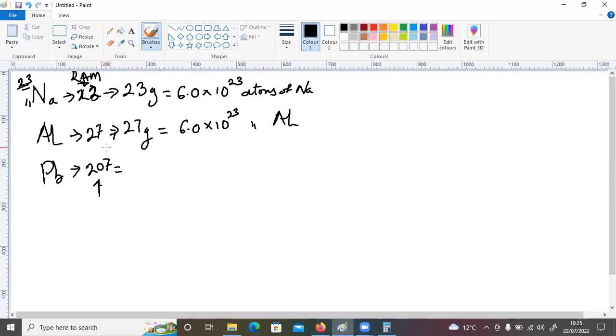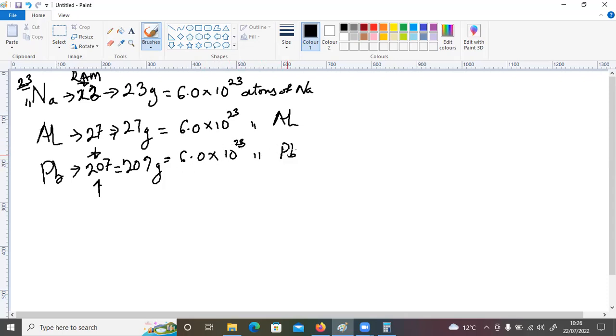It has no units. So I know that the relative atomic mass of lead is 207. But then I go and measure 207 grams of lead, and then I count the number of atoms inside there. I'll find it is equal to the number of atoms of lead.